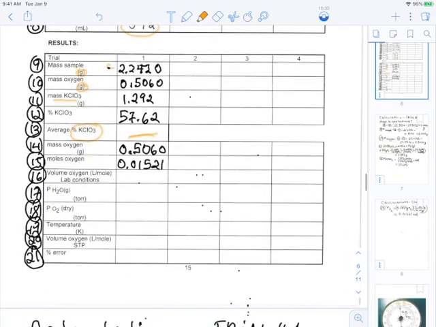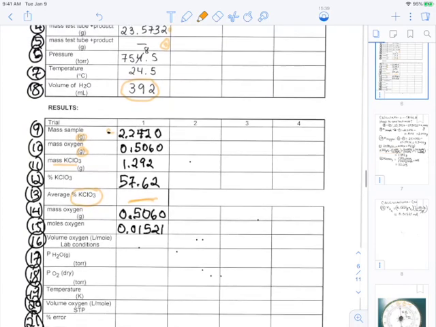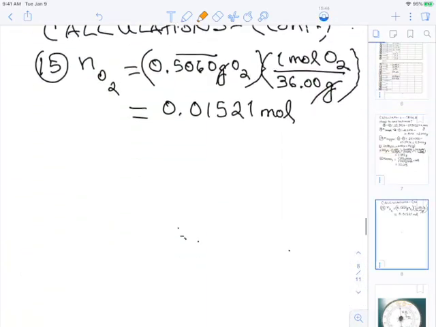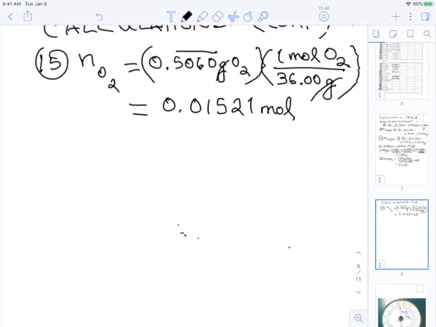We're also saying that this is the number of moles of oxygen we collected. So between items 15 and item 8, we can calculate that. I'm going to come back here to our calculations, and we're going to work now on item number 16.